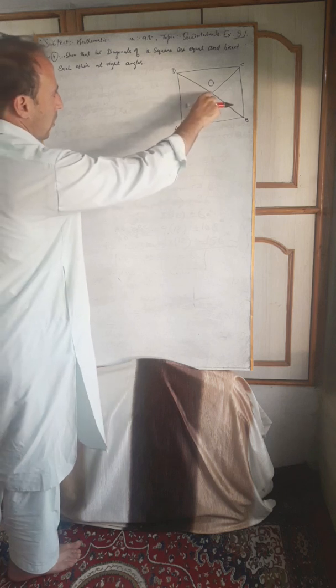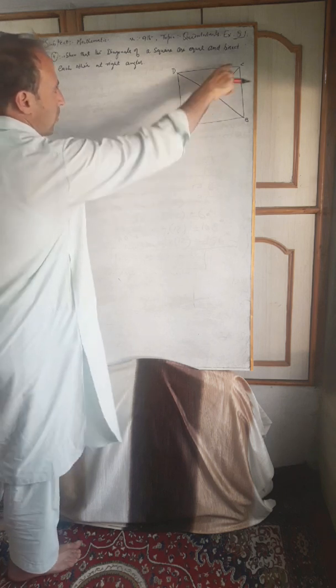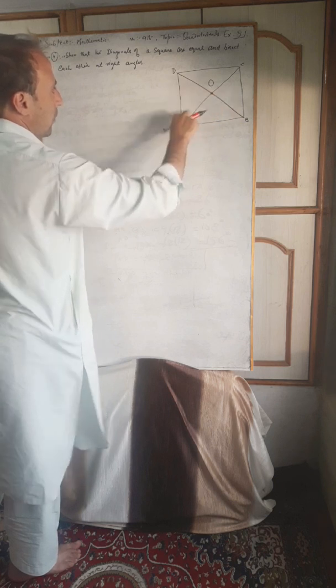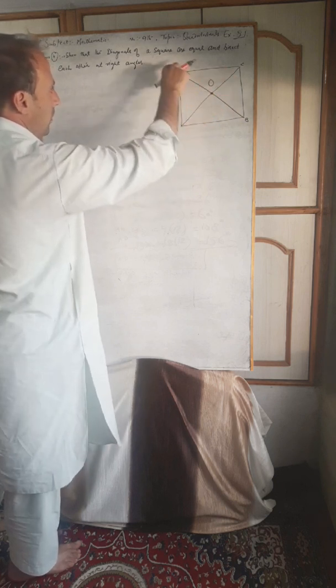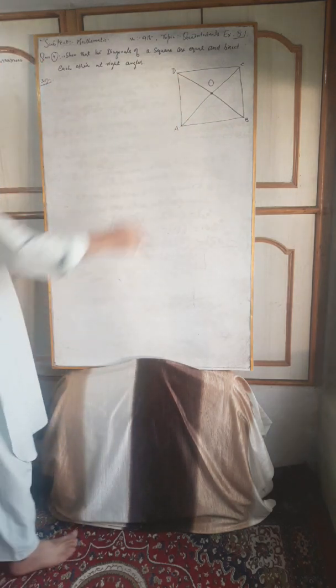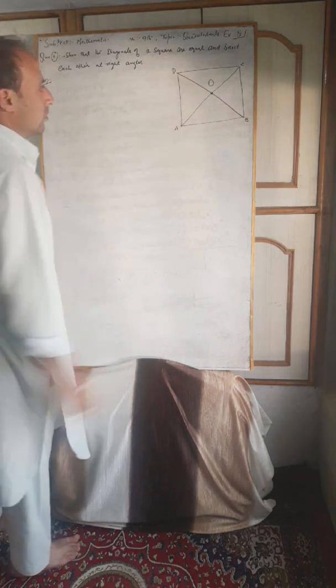We also have to show that OA is equal to OC, that means O is the midpoint of AC, and OB is equal to OD. This is the second part, and the third part is we have to show that AC is perpendicular to BD.